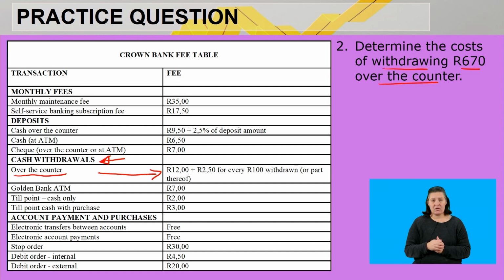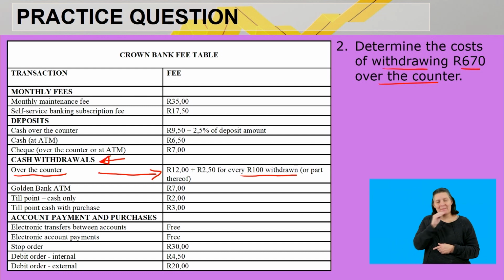Let's quickly zoom into what is presented here. It says 12 Rand plus 2 Rand 50 for every 100 Rand withdrawn or part thereof. Now if we look at our amount, it's 670 Rand. I'm sure you'll agree that for the 600 we already have six 100 Rands, and then we still have 70 Rand.